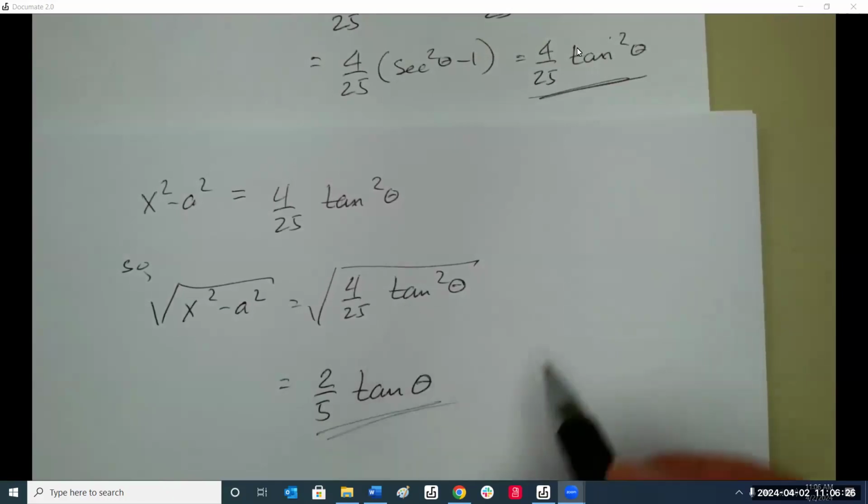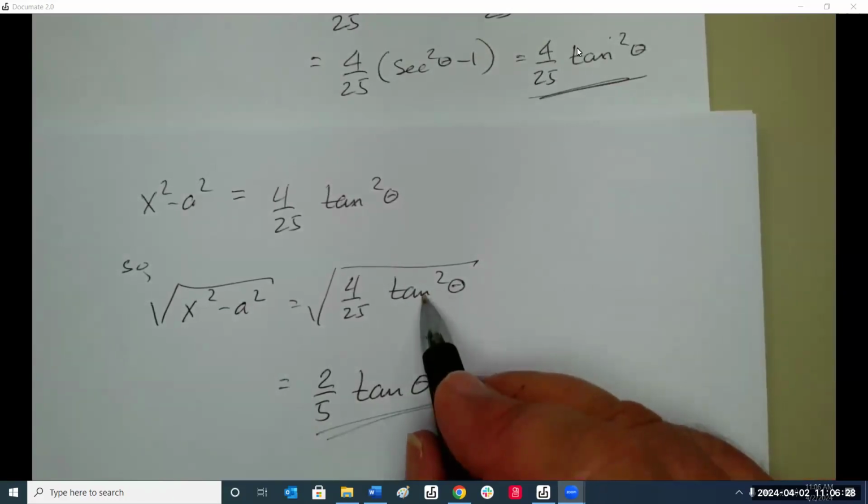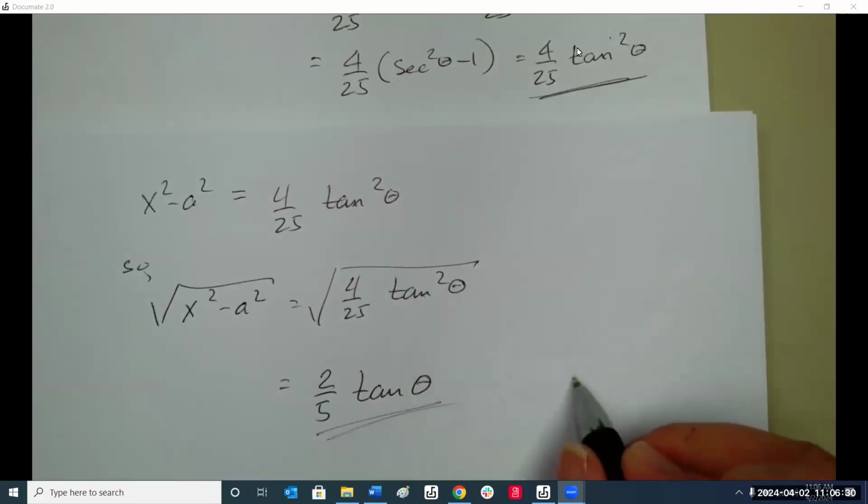And again, tangent's always going to be positive. It has to be positive.